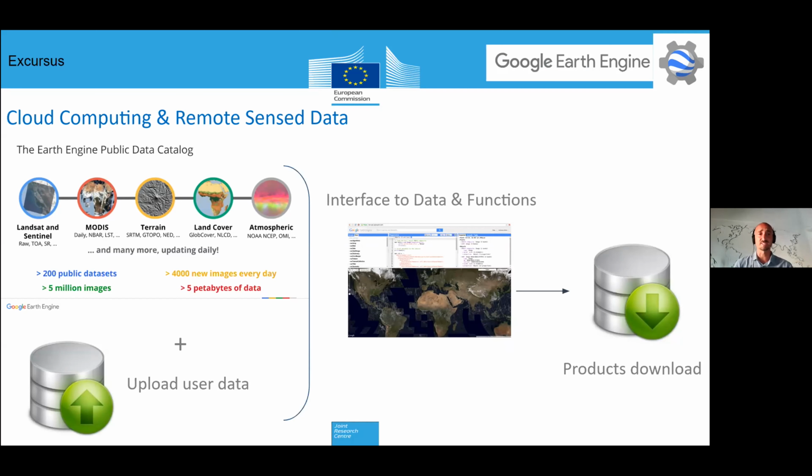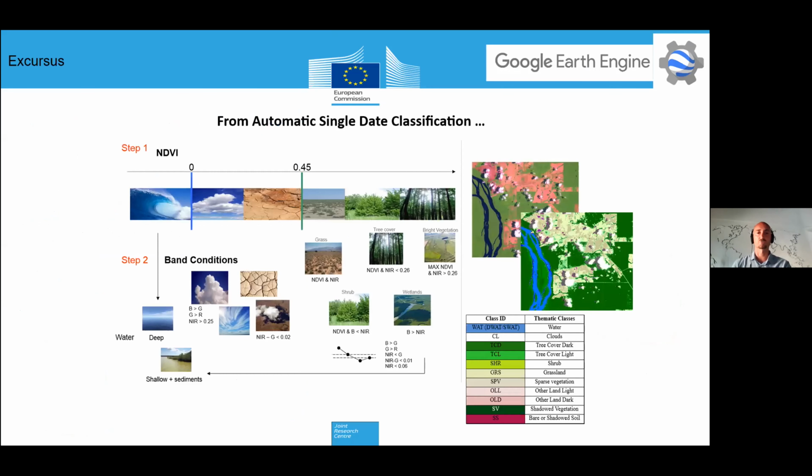The amount of data is increasing daily, especially with the ingestion of Sentinel-2 data once every 5 days on the same location. So imagine the size is growing exponentially. With a specific interface in Google Earth Engine, you can process your data and you can also save the derived products on your drive.